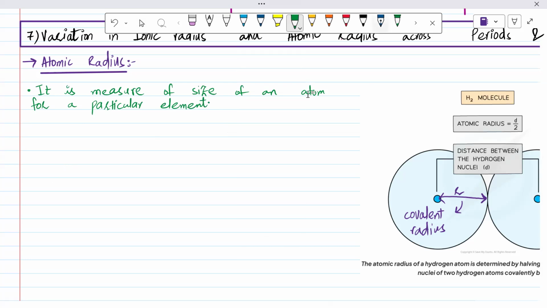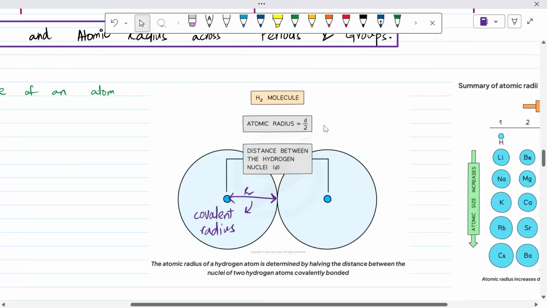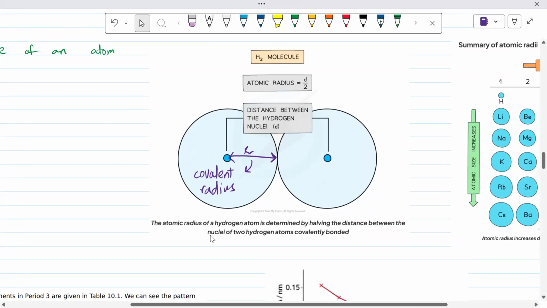And if you see this, what general idea comes to your mind? What is this? Covalent radius? Yeah, this is the way by which we determine the atomic radii. The atomic radii of a hydrogen atom will be determined by the distance between the nuclei of two hydrogen atoms.